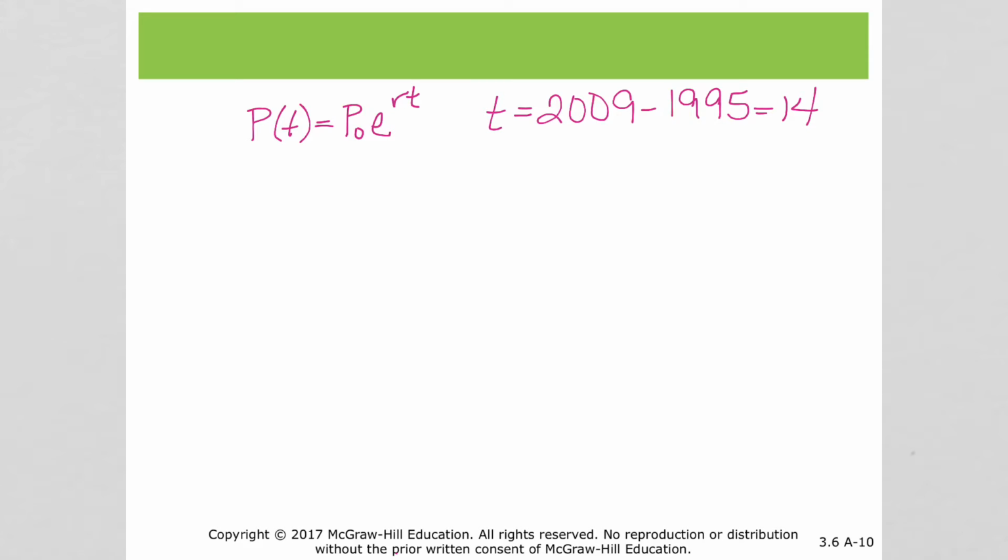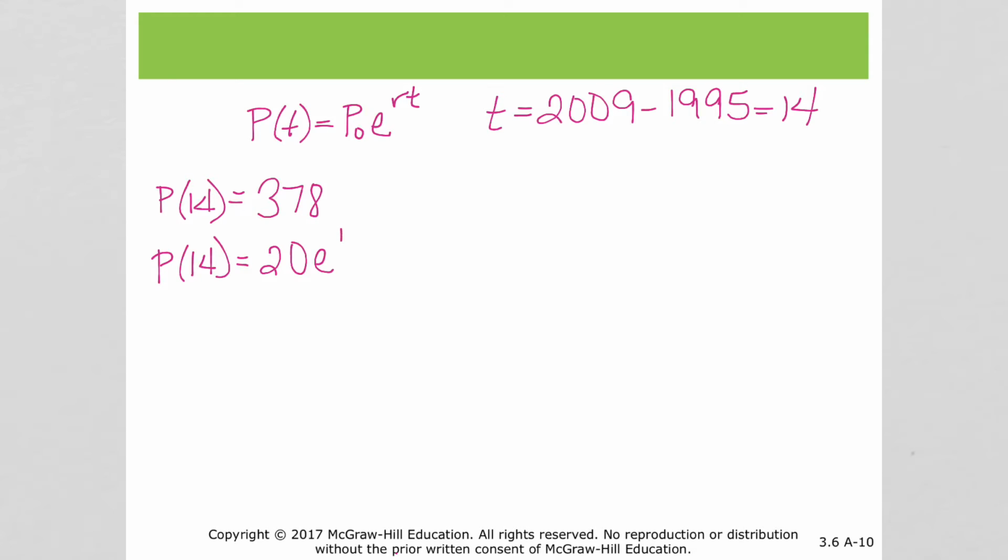We were told that P of 14, in other words, the amount of pythons in 2009, is 378. We also know by creating a formula that P of 14 would be our initial amount of pythons, 20, times e to the rt.